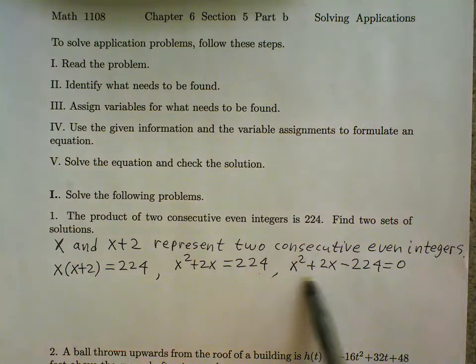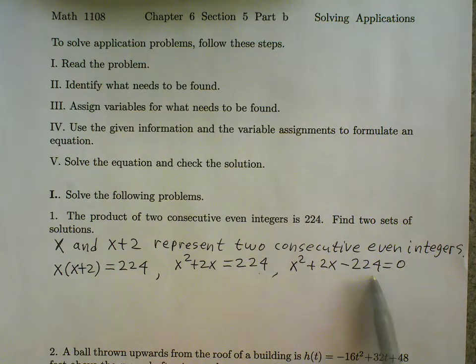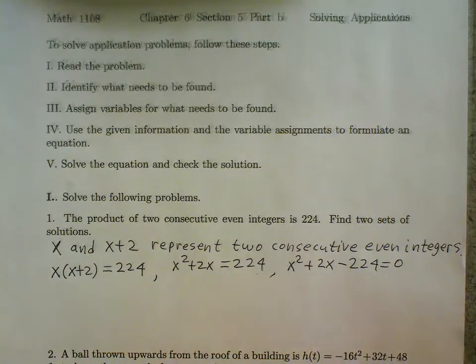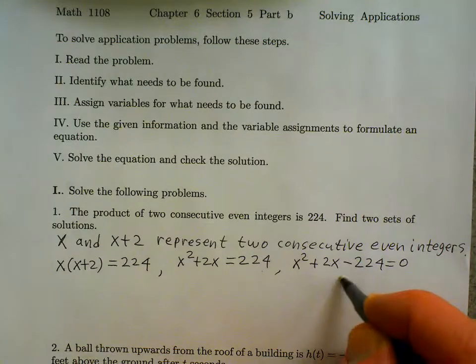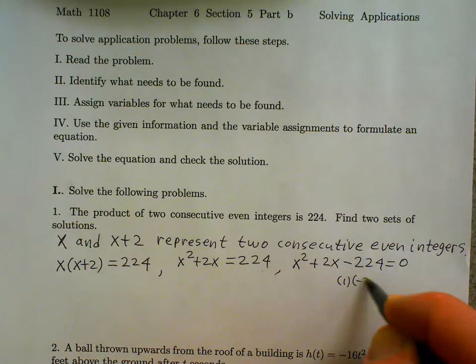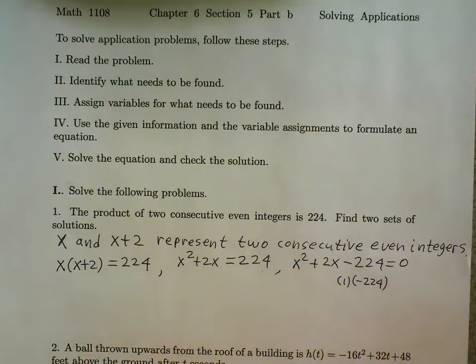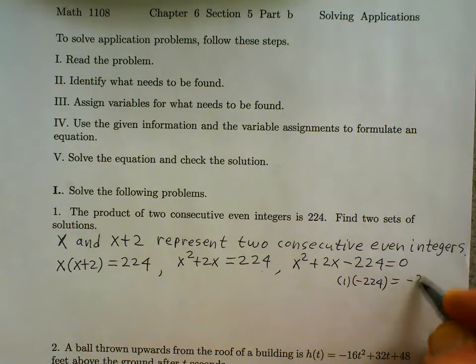The greatest common factor of the three terms is 1. So when we use the AC method, we start by multiplying 1 times negative 224, and we get negative 224.